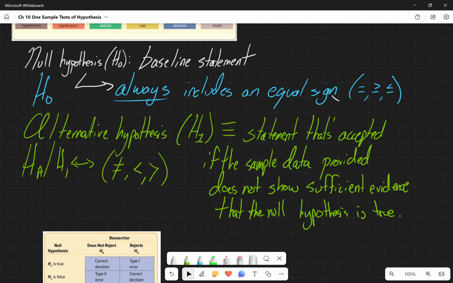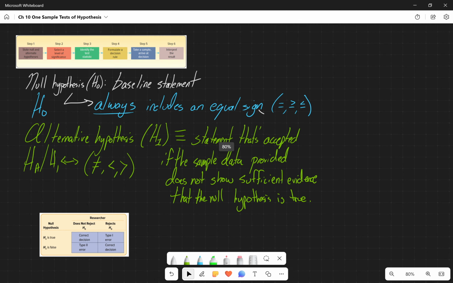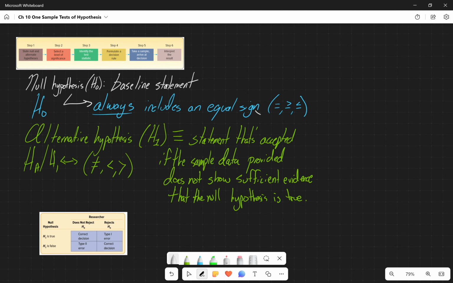So H1 is what you conclude if you reject the null hypothesis. We only turn to alternative hypothesis if data suggests that the null hypothesis is untrue. So this is our first step in our 6-step process.